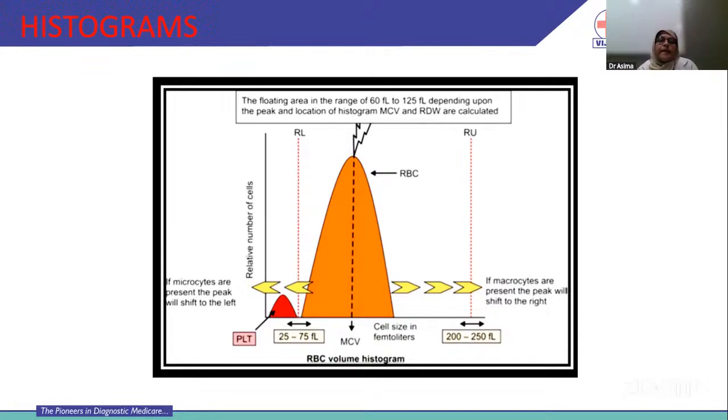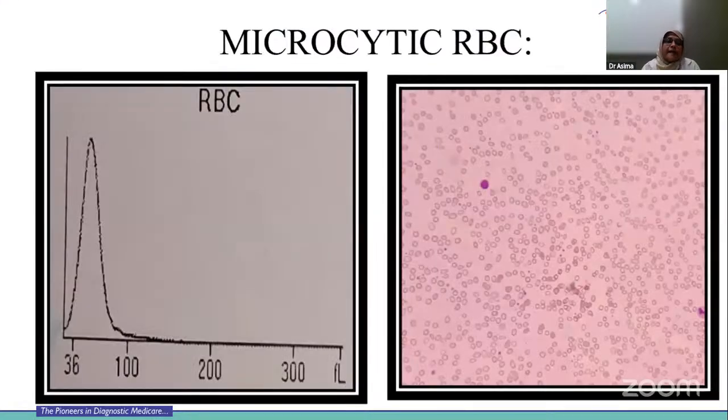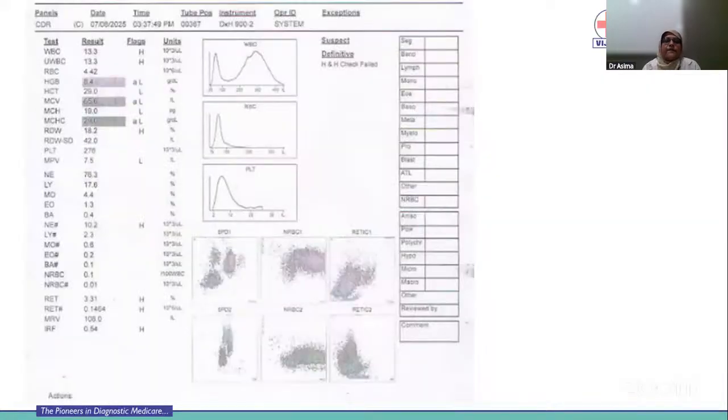The area between 60 and 125 femtoliters is the one wherein the histogram MCV and RDW are calculated. Generally, if there is a shift to the left, it indicates a microcytic picture. This is the Coulter at our lab, showing a shift to the left, along with the area showing polychromatophils.